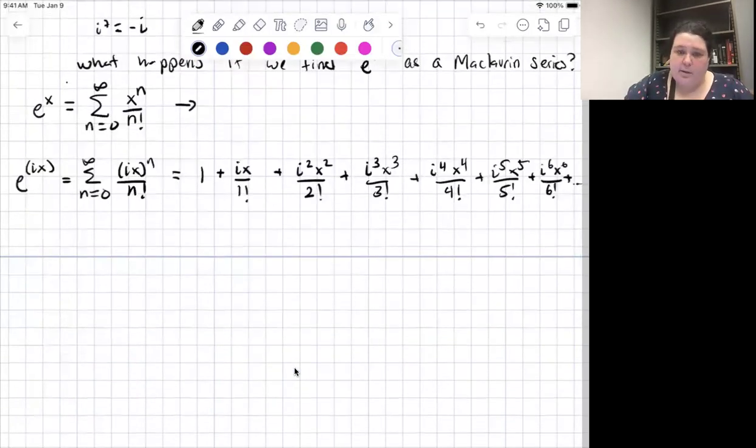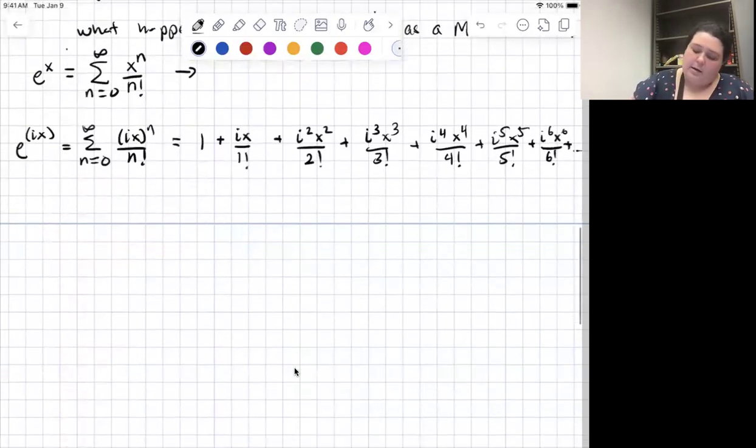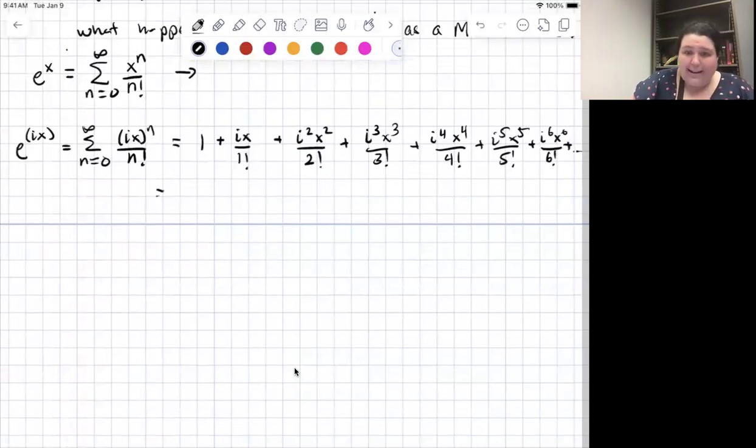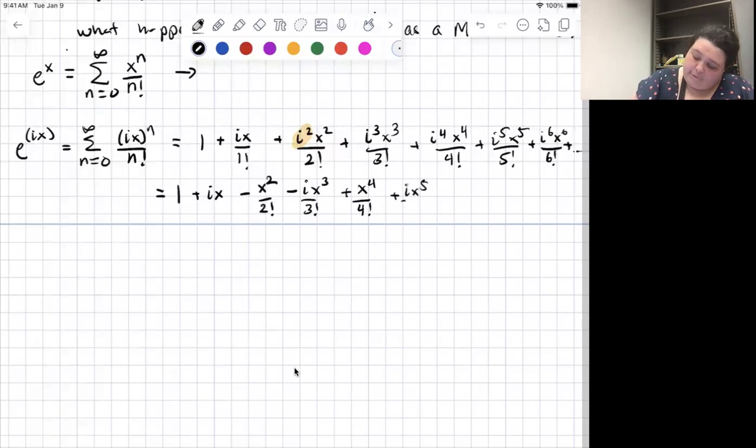So now let's simplify by actually plugging in these values for i squared, i cubed, etc. So I end up getting 1 plus ix minus, because of the i squared, x squared over 2 factorial, then minus i x cubed over 3 factorial plus x to the 4th over 4 factorial plus i x to the 5th over 5 factorial, and then minus x to the 6th over 6 factorial, and this would keep going.